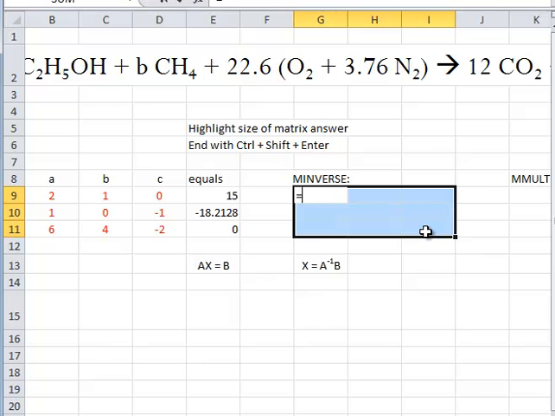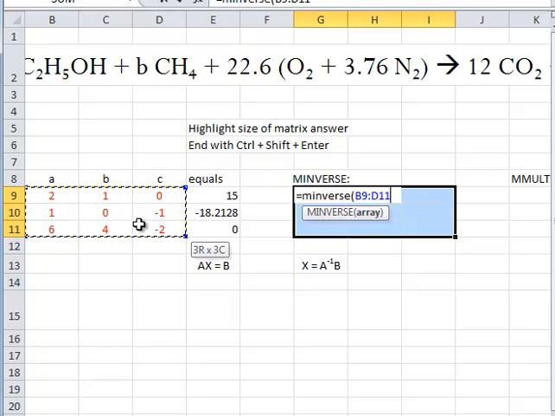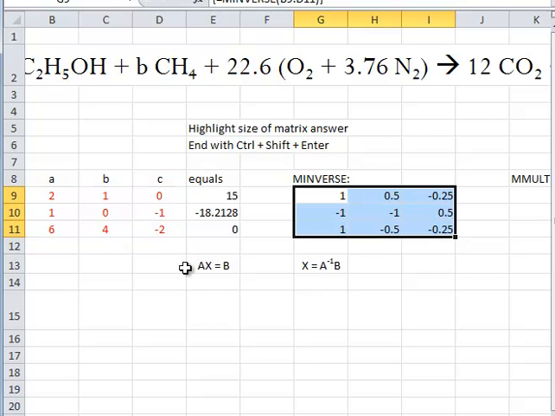I type in equals MINVERSE, that's the formula, and I highlight the array as it says. Now then, before I hit enter, I want to push Control Shift and then enter all at once, and it does the calculation. So this is the inverse of this matrix highlighted in red.